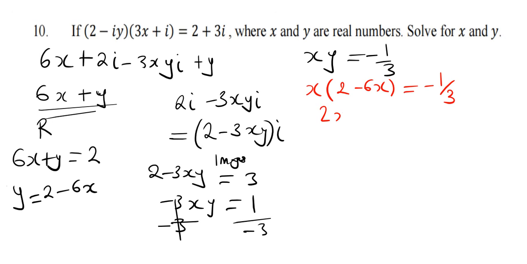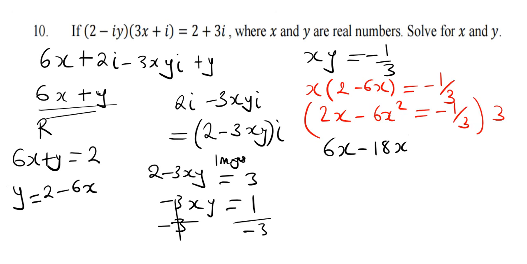Then I'm going to have 2x minus 6x squared is equal to negative 1 over 3. Now I'm just going to multiply by 3 on both sides, because I don't want fractions. So I'm going to have 6x minus 18x squared is equal to negative 3, and the 3s cancel on the other side. I'm just going to have a negative 1, which is what I wanted. Then we're going to have 6x minus 18x squared.